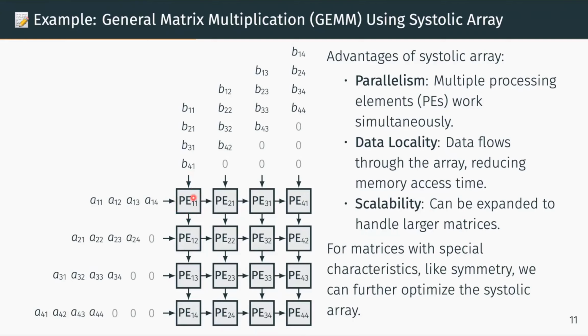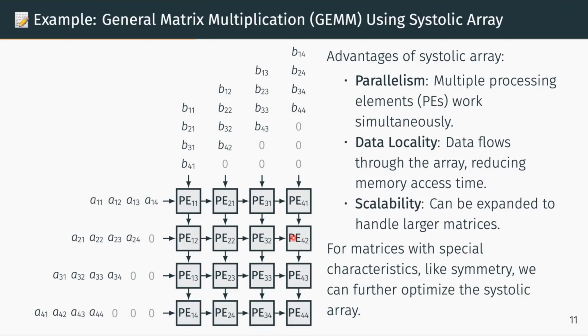After this gets streamed through to the end, the result is obtained. This is very efficient in hardware design, and very scalable, as we can expand the array size to handle larger matrices.